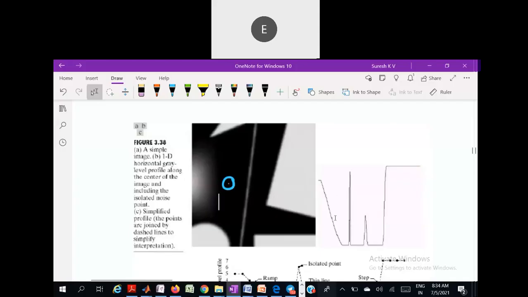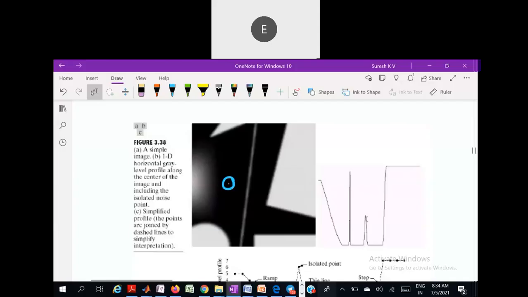So carefully observe this right side point. Initially it is constant, and then it is gradually decreasing. So you are seeing a gradual decrease here. Then it is constant at almost 0. Then suddenly there is an isolated point where the pixel increases and comes back. Normally in an image like this, if you see an isolated point like this, it would be a noise pixel which has to be taken care.